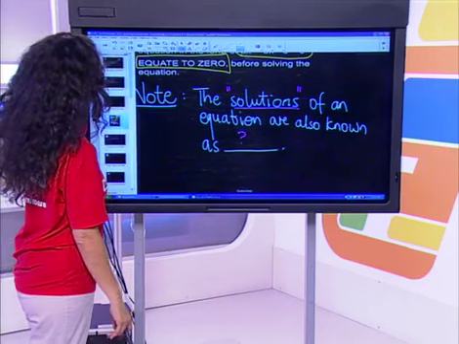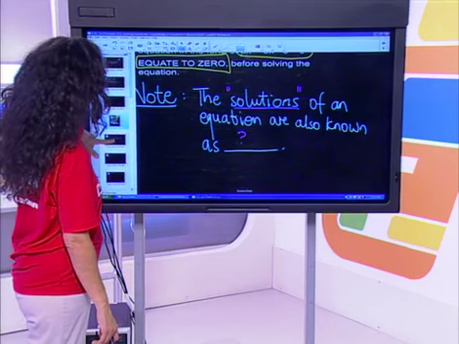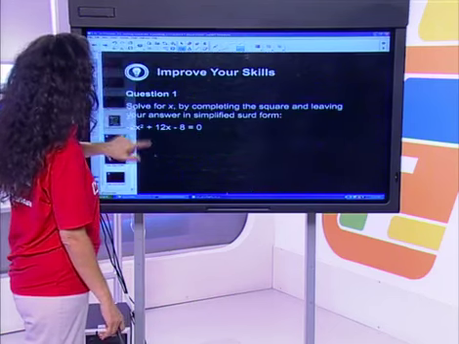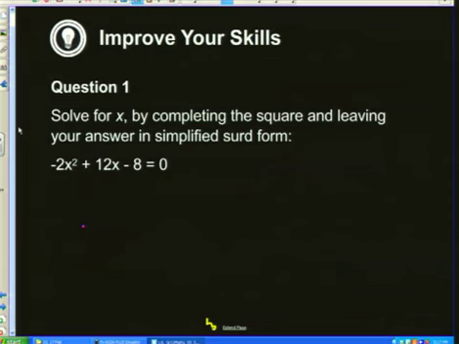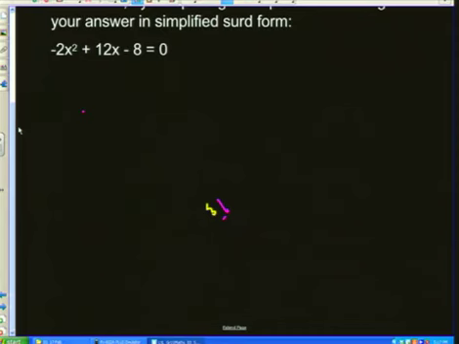Okay, so while you're finding a synonym for solutions, we're going to start off by completing the square on this equation, and we need to leave our answer in simplified surd form.